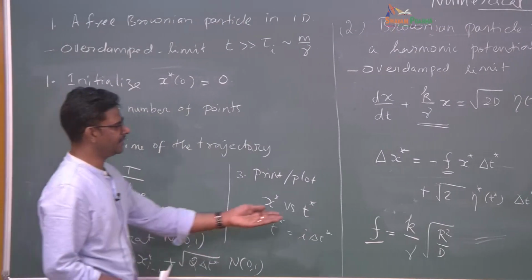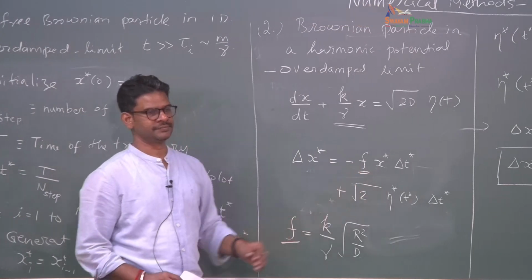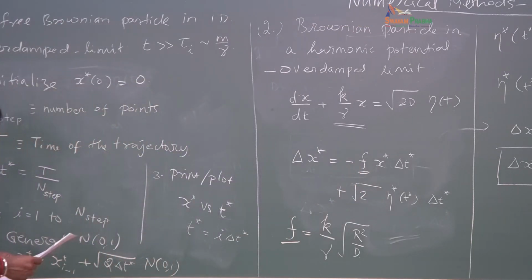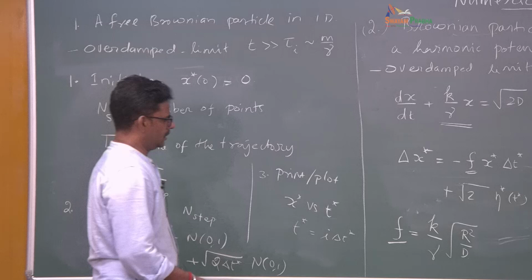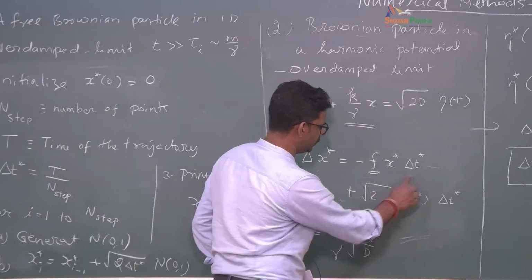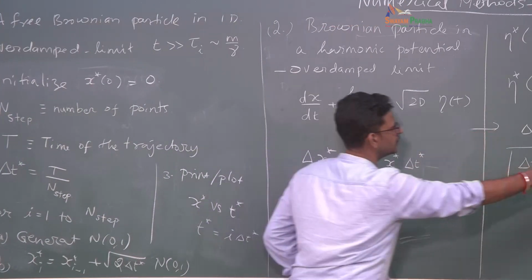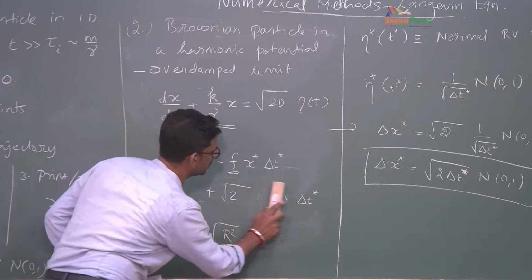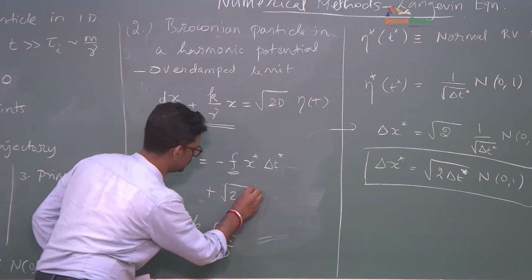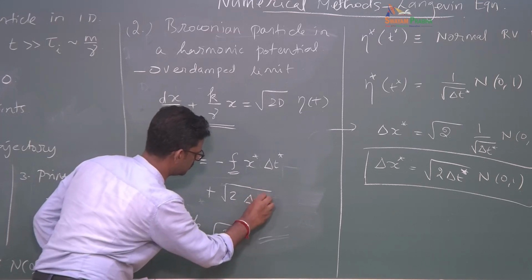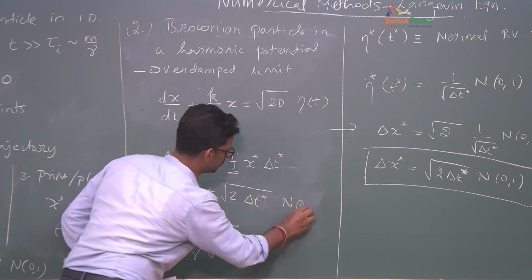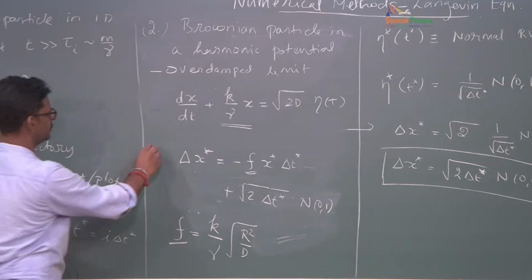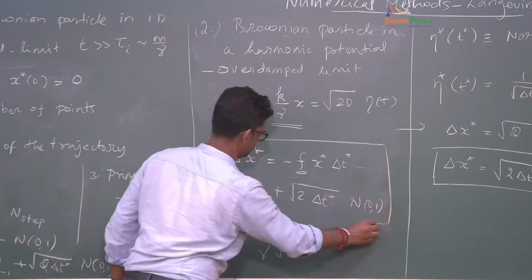This is basically entering as a parameter. And if you want to write this in terms of a normal random variable, we can write this as follows. So this is going to be our displacement over delta t.